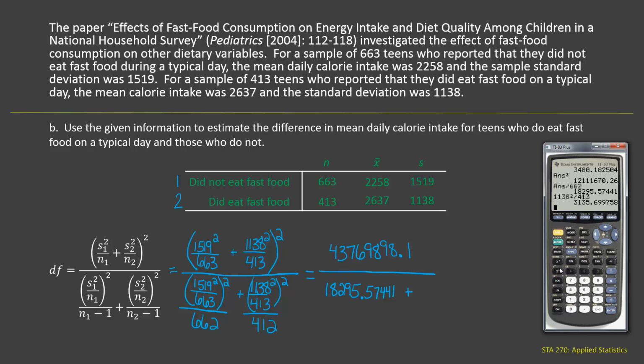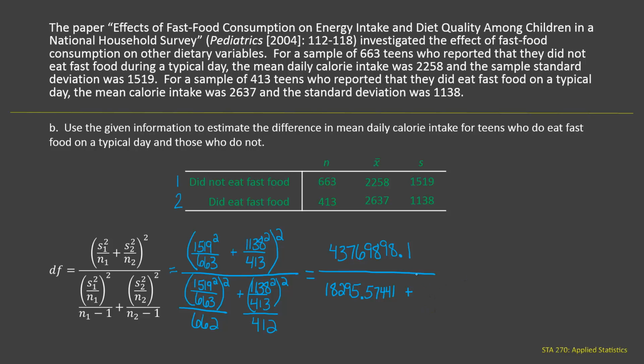That number squared, and then that number divided by 412. And we get 23,865 and a little bit left over there, so let me write that one down. 23,865.56546.